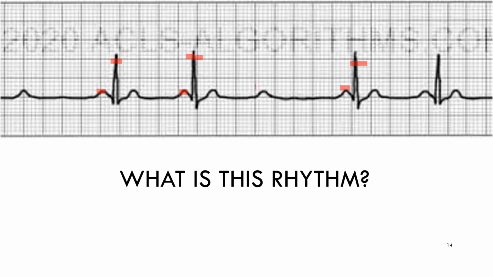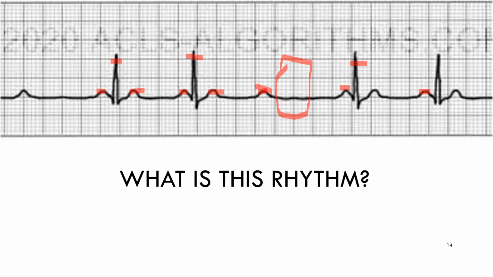The P wave is right before the QRS complex, less than 0.2 milliseconds, and it's very stably normal. The problem is that we have a PQRST, PQRST, we have P, no QRS, no T wave, and then we're back to normal.